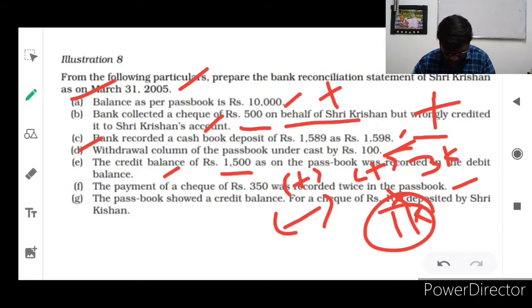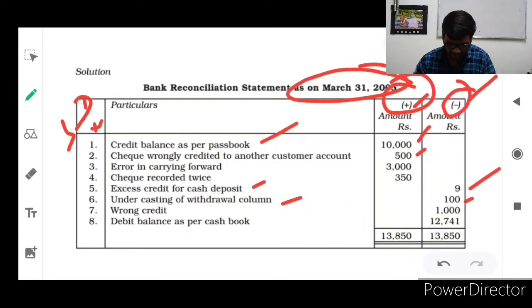And next one, fifth one, the credit balance of rupees 1500 as on the passbook was recorded to the debit balance. So the credit balance should be 1500 rupees in your bank account, but they have recorded it on the debit side, the opposite. So 1500 plus 1500, favorable amount 3000 rupees should be credited in your bank account.